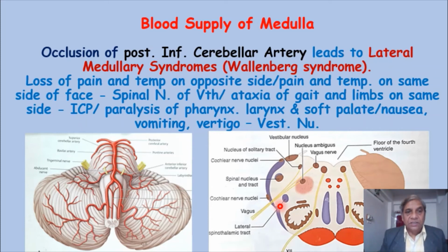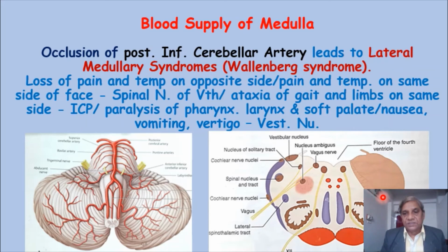So loss of pain and temperature will be there because it is bringing the fibers from the opposite side of the body. Though the lesion is on this side and the lateral spinothalamic tract here is destroyed, the fibers were coming from the other side after crossing in the spinal cord.